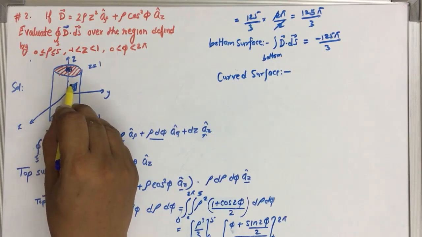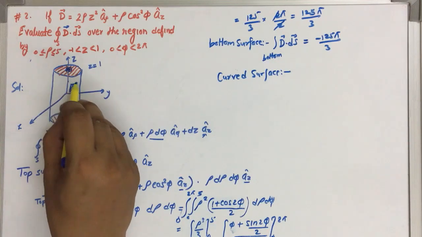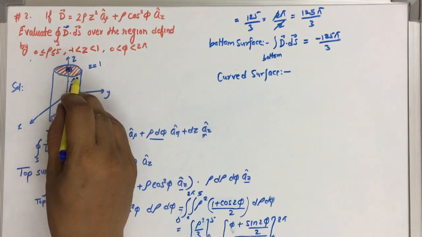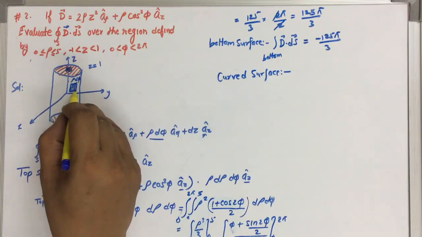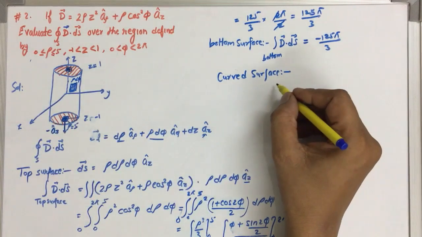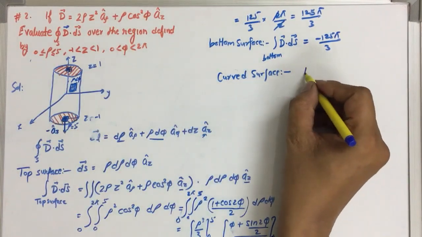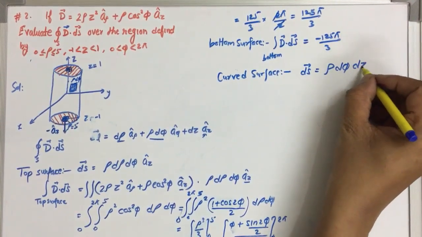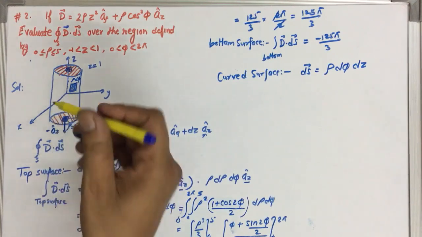Here this length will be rho d phi, and this is dz. So for the curved surface, dS can be written as rho d phi dz.